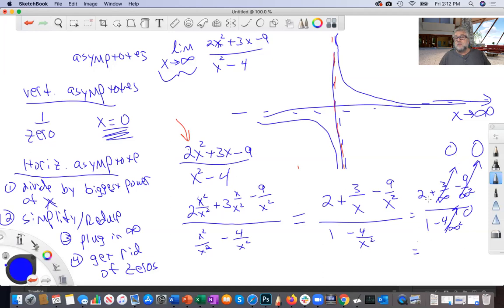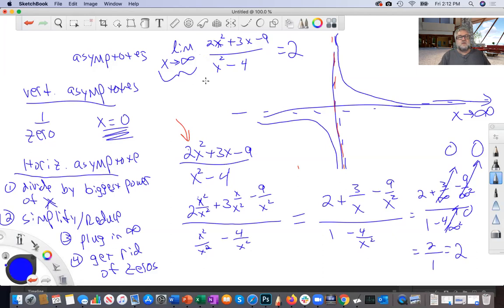So what we end up with is 2, 0, 0, 0 over 1. So the limit as x approaches infinity for this function comes out to be 2. I plugged in the biggest power of x, simplified and canceled stuff out, then got rid of the zeros, and I ended up with 2.